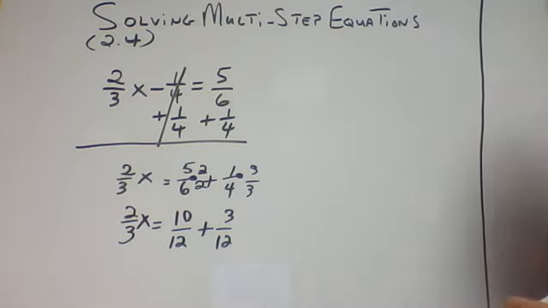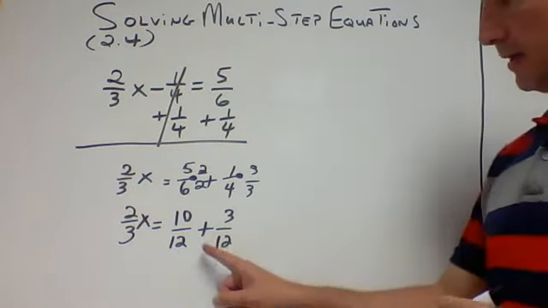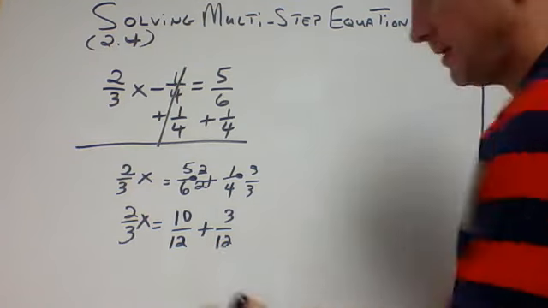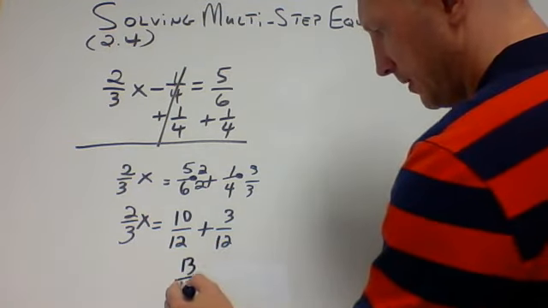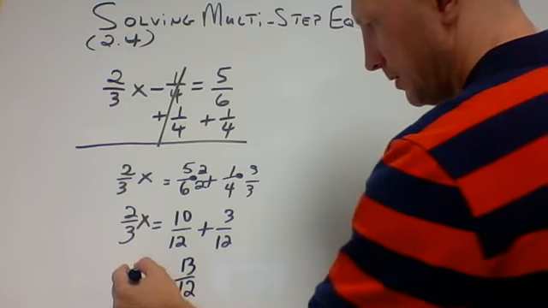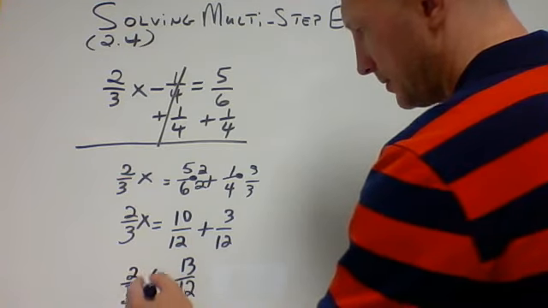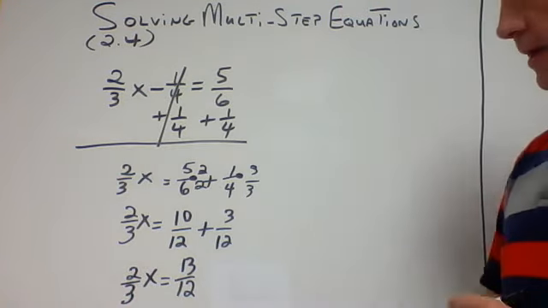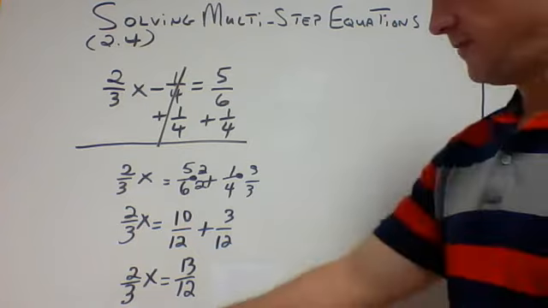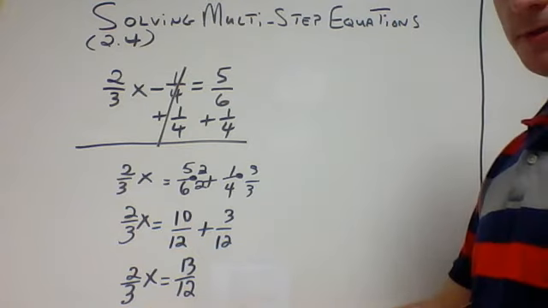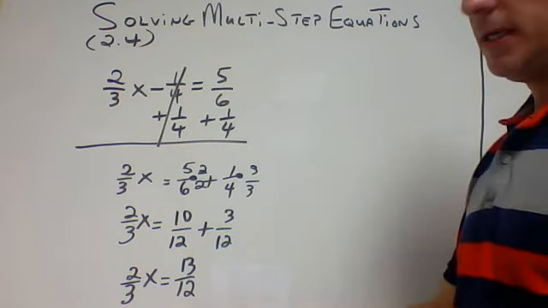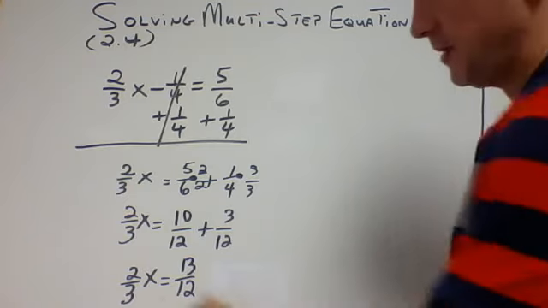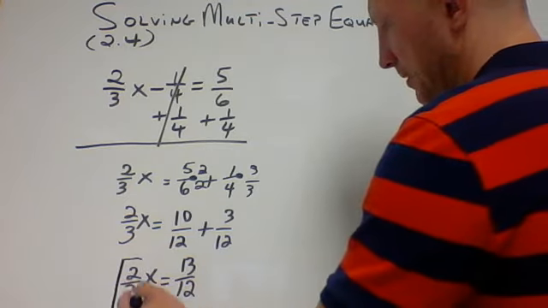2/3x. And now at this point, I simplify this a little bit. So I get 13/12 equals 2/3 x. And from here, I could divide both sides by 2/3, but the same thing is going to be accomplished if I just use that pickup method that I taught.